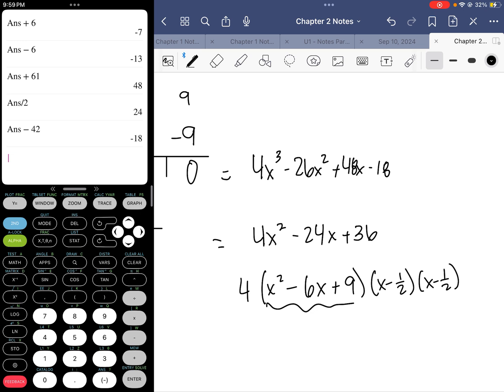But this is now factorable. We can put it into our x with 9 on top and negative 6 on the bottom. And in fact, it's negative 3.